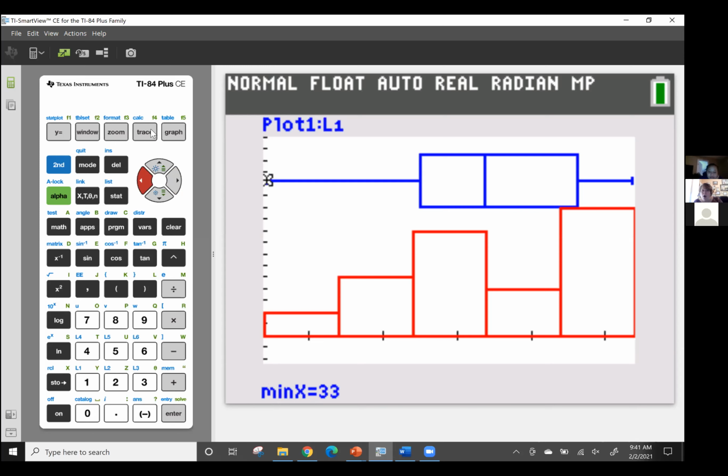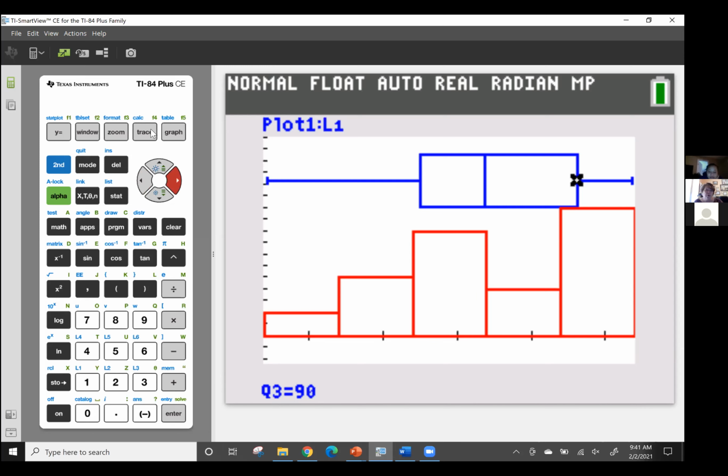So you get that long stem there, that long line that shows you have quite a bit of difference between the minimum value on your exam and your first quartile. That 33 is really a low value and it's affecting everything, right? So then we can just arrow over and we can see that the third quartile is 90.